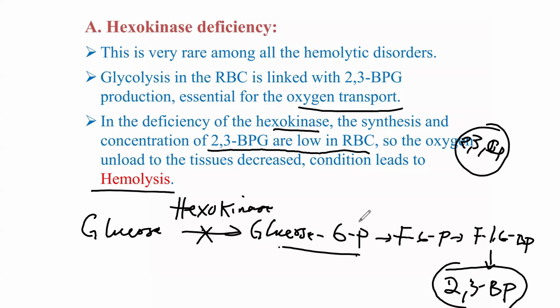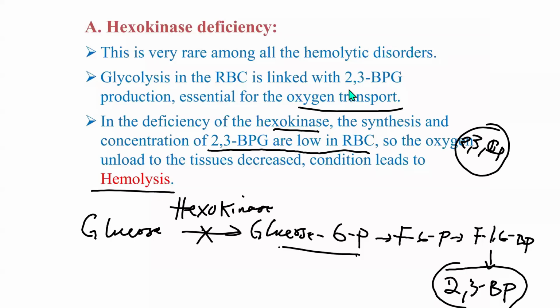So this is hemolytic anemia due to hexokinase deficiency, which blocks the production of 2,3-bisphosphoglycerate, which is important in oxygen transport. As a result, the oxygen delivery to the tissues of the body will be very low.